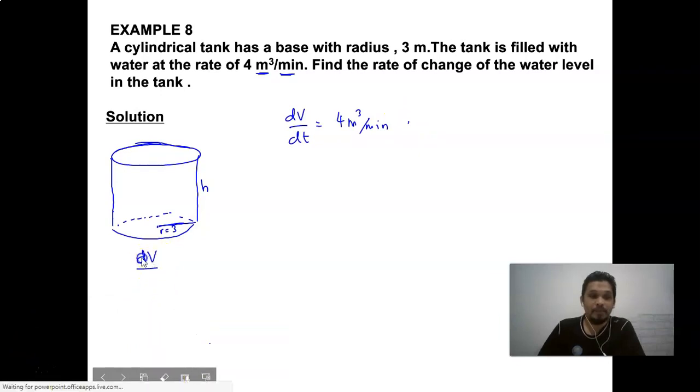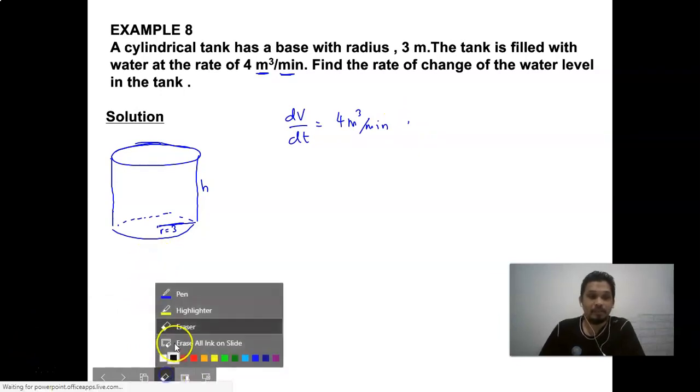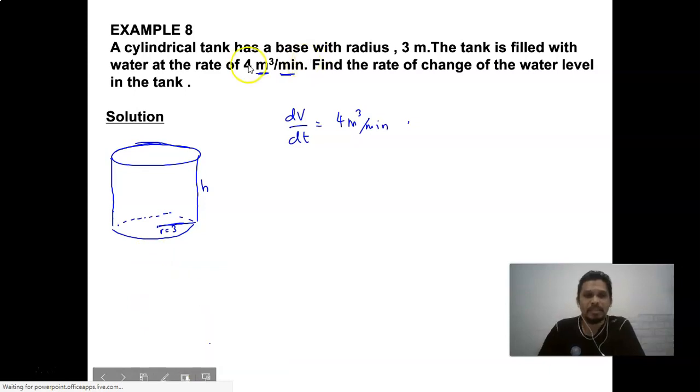But before we find dV, class, a tank is filled with water at a rate of 4 meter cubed per minute. Find the rate. A rate means the change of something with respect to time, here the change of water level in the tank.